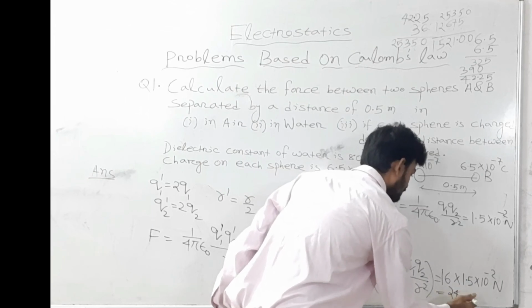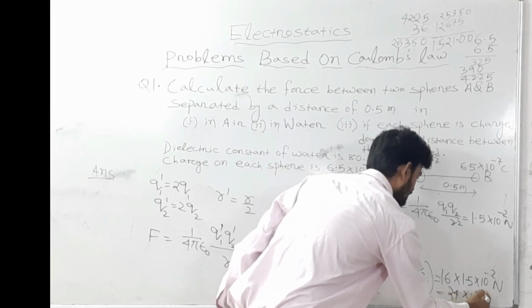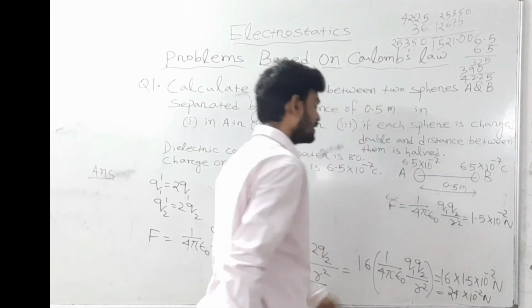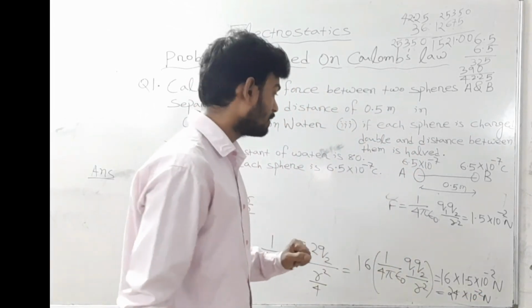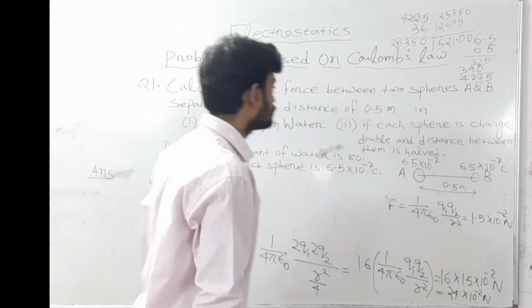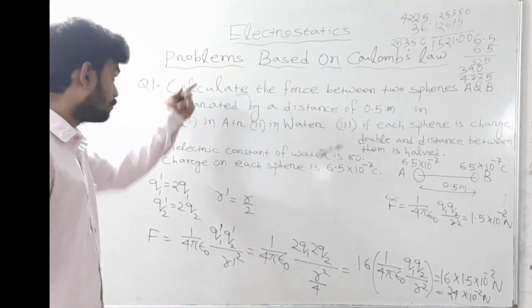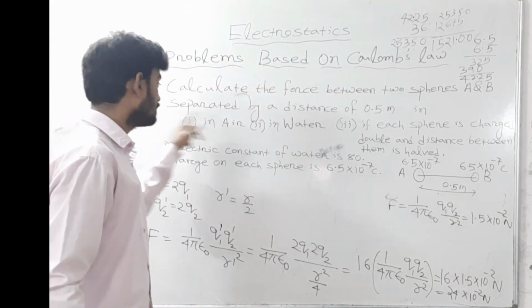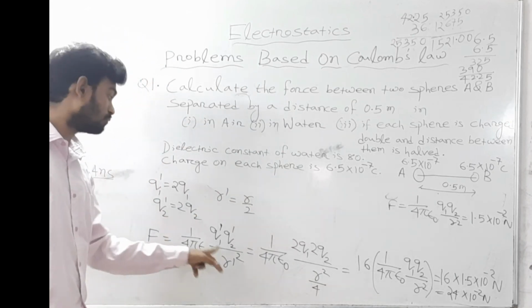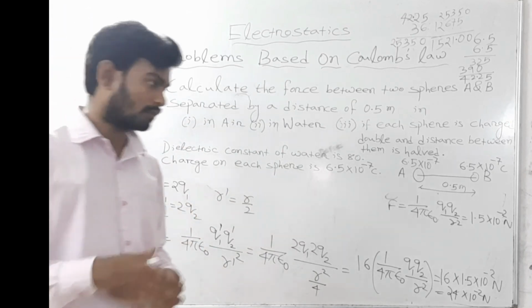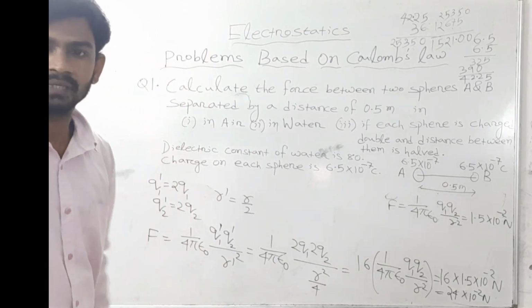So the answer will be 24 into 10 to the power minus 2 Newton. In this way, we can determine force by applying Coulomb's law, F is equal to 1 by 4 pi epsilon naught or epsilon, Q1 Q2 by R square.